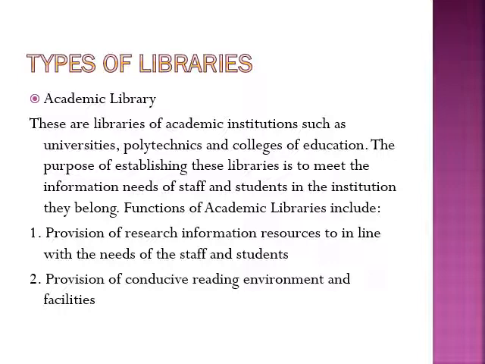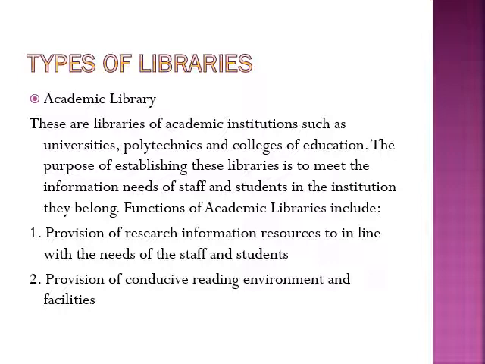One of their functions is that they provide information resources in line with the needs of the staff and the students. This need could be curricular, that is based on the programs that are being offered in the institution.